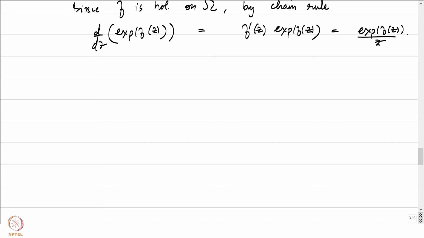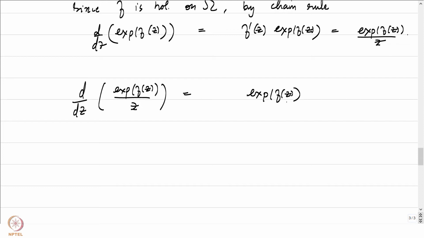So, we know that the derivative of exp of f of z is equal to exp of f of z by z, and now by the quotient rule, the derivative of exp of f of z by z is equal to exp of f of z times the derivative of z, which is 1, minus exp of f of z times the derivative of exp of f of z, which is equal to exp of f of z.